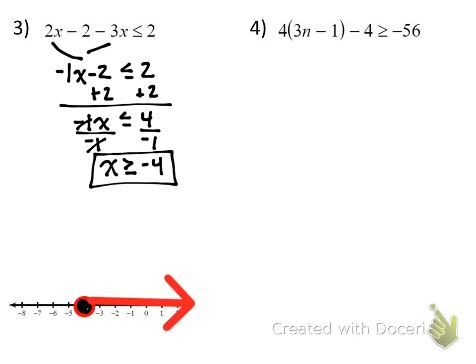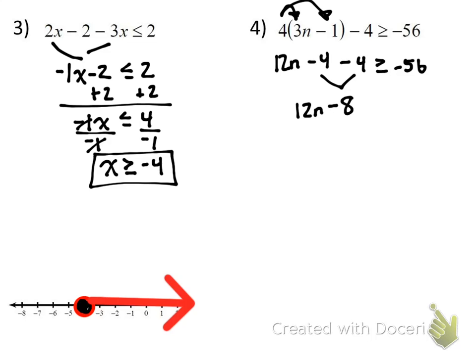So number 4, in case you didn't get it, you distribute the 4 into the 3n and into the negative 1. So we got 12n minus 4 is greater than or equal to negative 56. Next step, I'm going to combine like terms. We got negative 8 because minus 4 is negative 8.